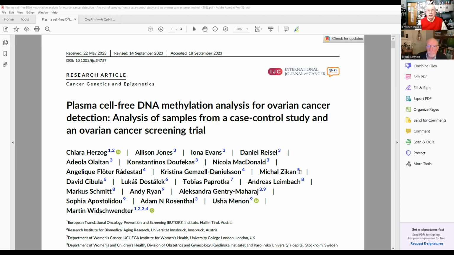There's another paper that I want to consider. This one comes from Great Britain, and it's an interesting paper. Basically, it's looking at the same type of search for the difference between malignant and benign situations.